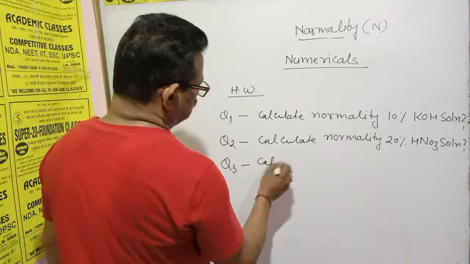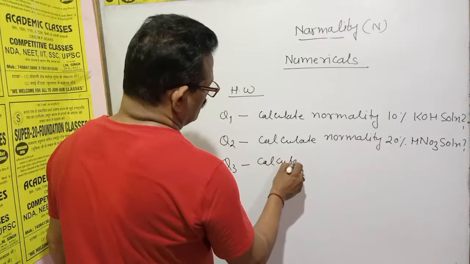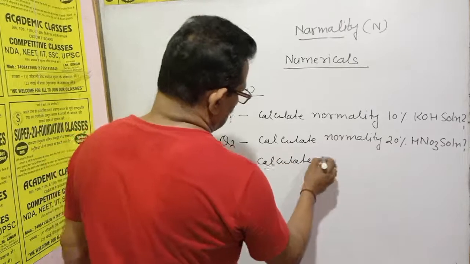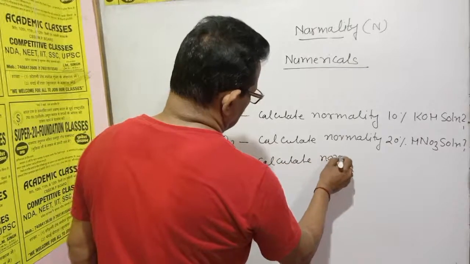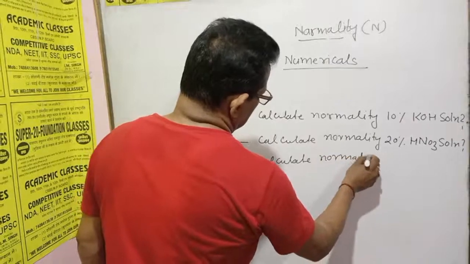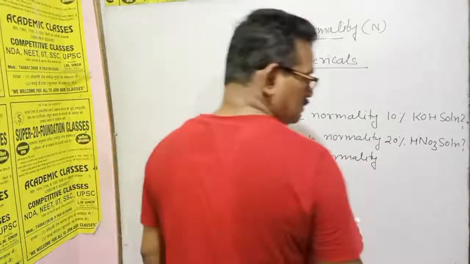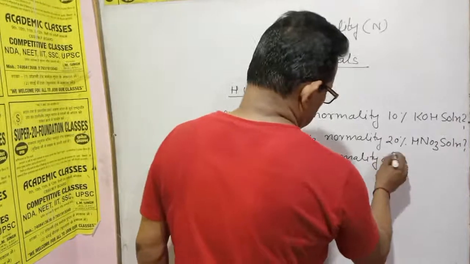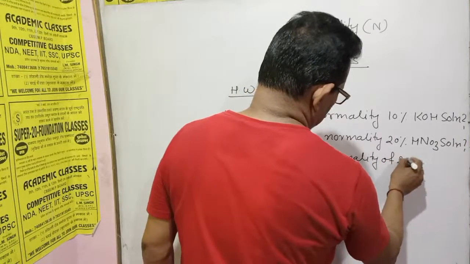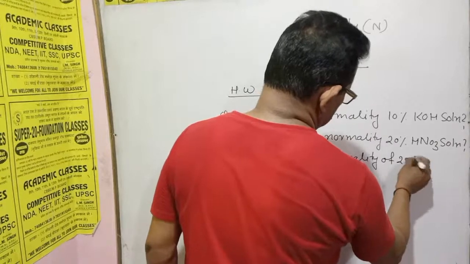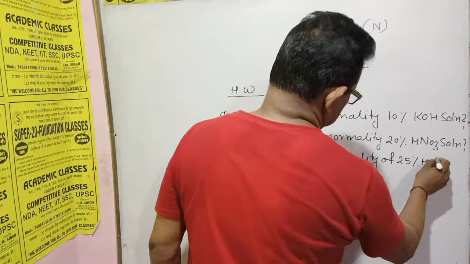Question number 3: calculate normality of 25% HCl solution.